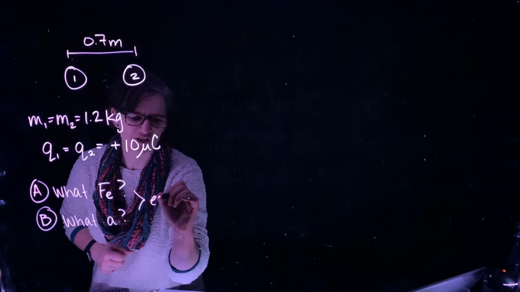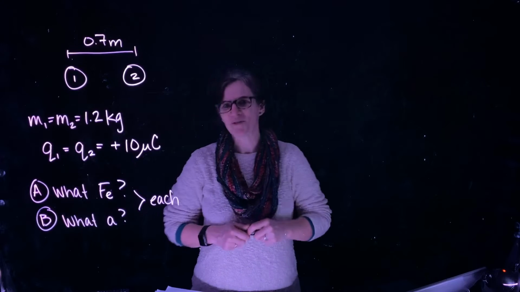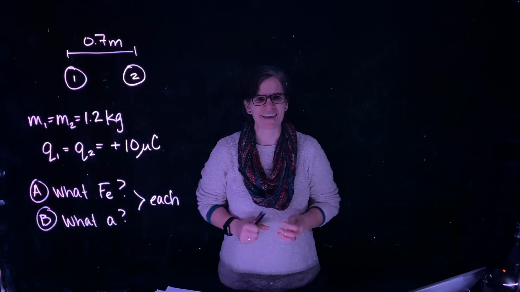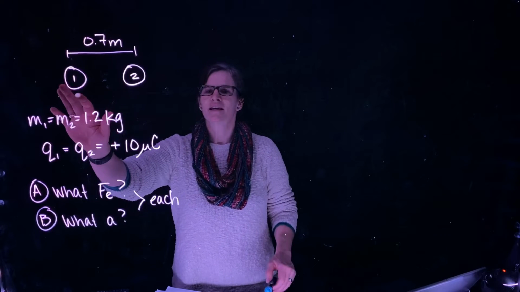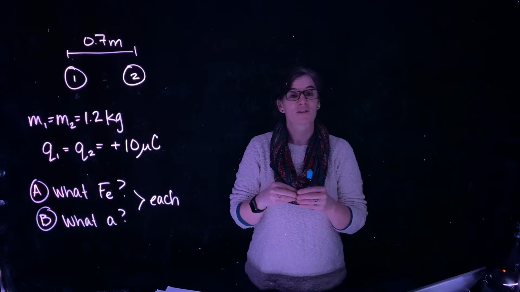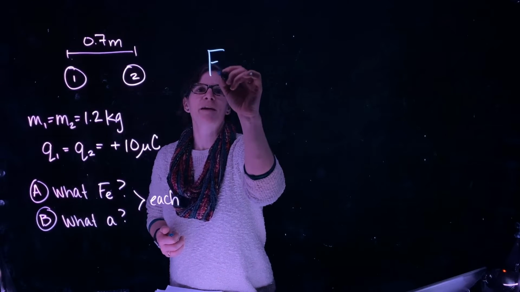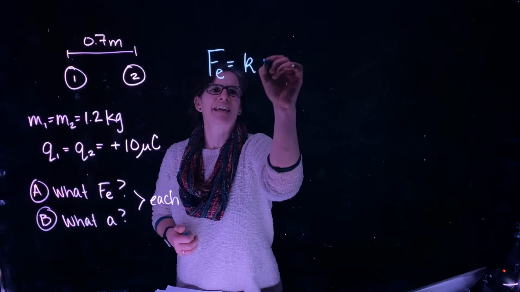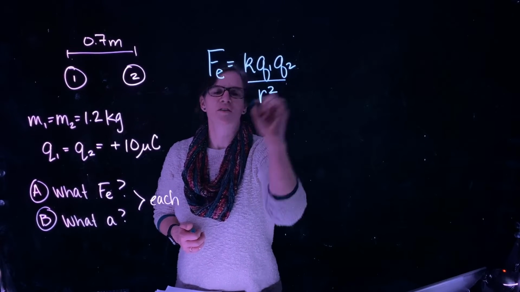This is for each. All right, so let's use Coulomb's law to determine what that electric force is. So we know that object 1 and object 2 are interacting with each other, and so they're exerting a force on each other, and that's an electric force defined by Coulomb's law, which is k Q1 Q2 over r squared.